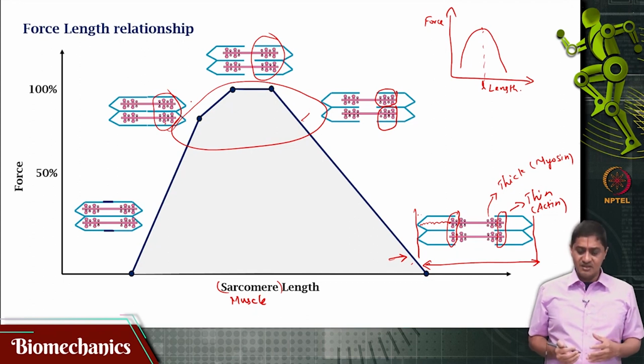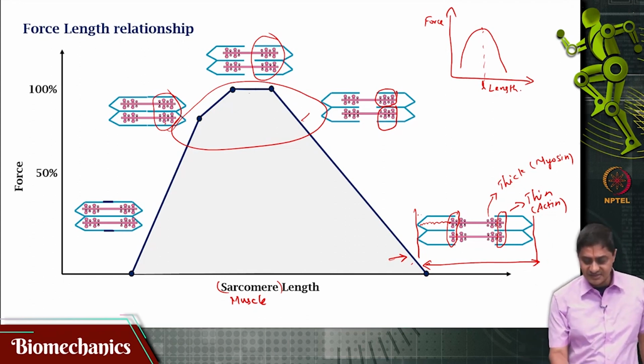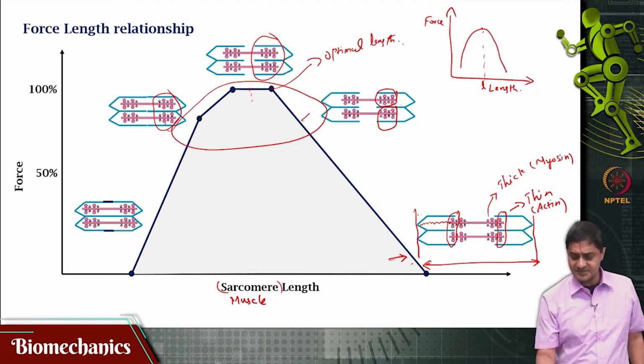This causes the maximum force that is produced. The length at which this happens is the so called optimal length for the muscle. This is the length at which the force is maximum.